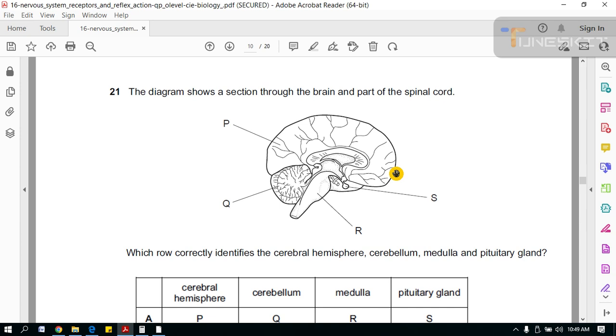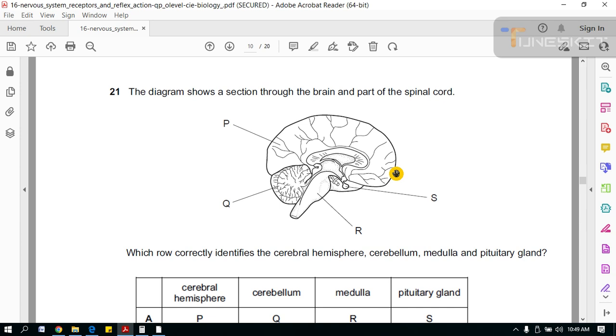You can differentiate the hypothalamus from the pituitary because in the case of the hypothalamus there would not be a lobe like this. The lobe which is present in the case of S is actually linked to the pituitary gland.